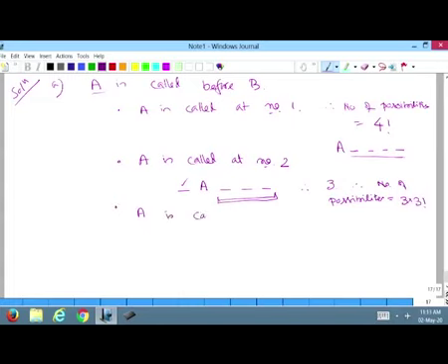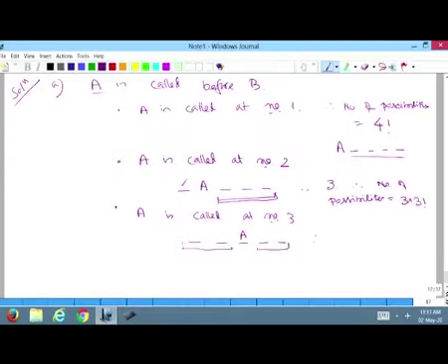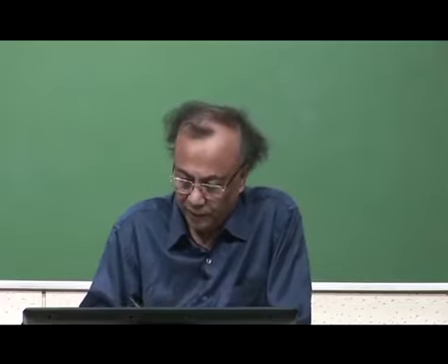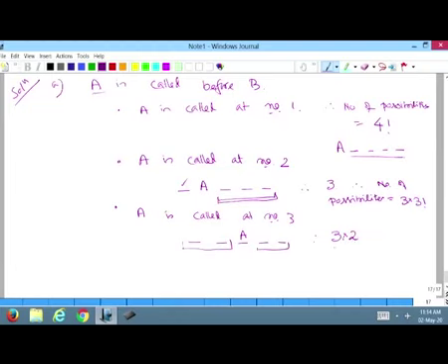Third is that A may be called at number 3. Therefore, B can be in one of these positions. Out of the other 3, you choose 2 and put them there. That can be done in 3 ways, and then they can be permuted among themselves. So, that can be done in 2 ways.